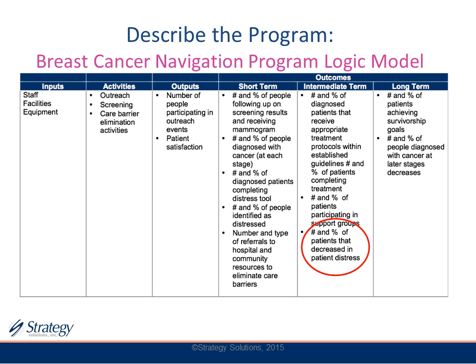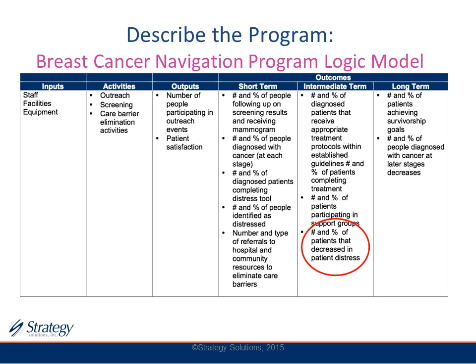And one of our clients actually discovered, as we were talking about this and looking at their short, medium, and long-term outcomes, that they used an assessment tool to determine if patients had psychosocial distress and were going to be referred to the navigator for additional assistance or to other services.